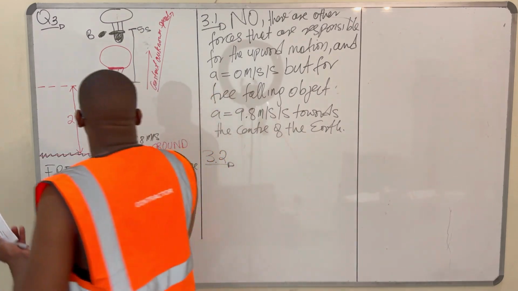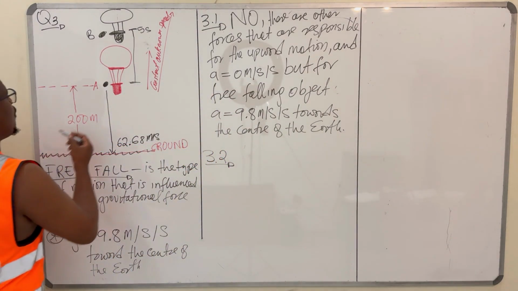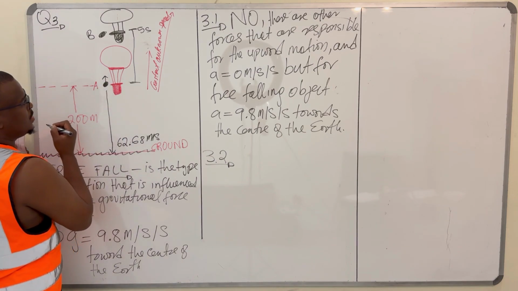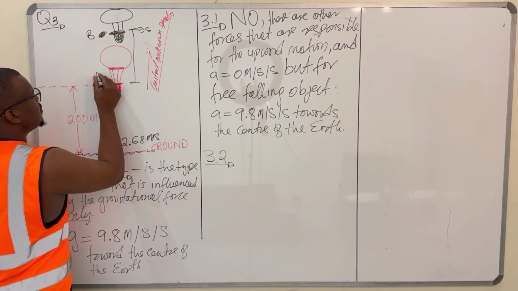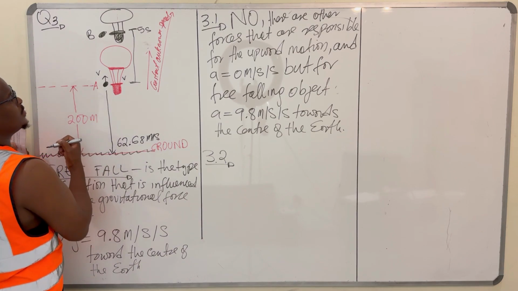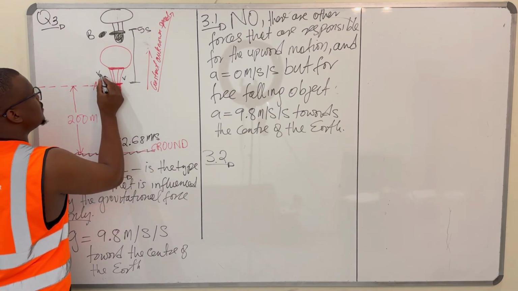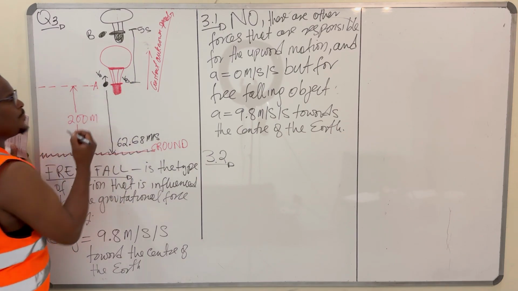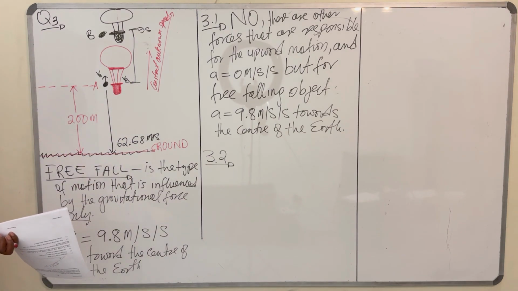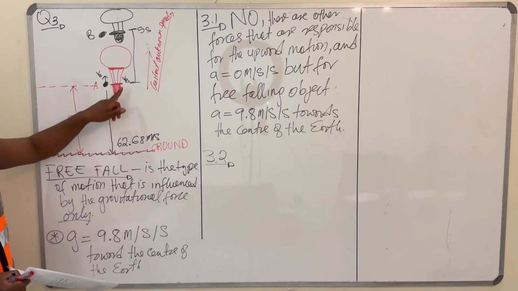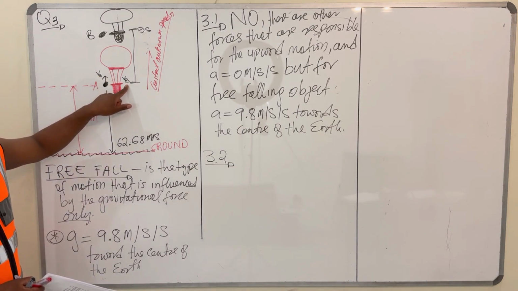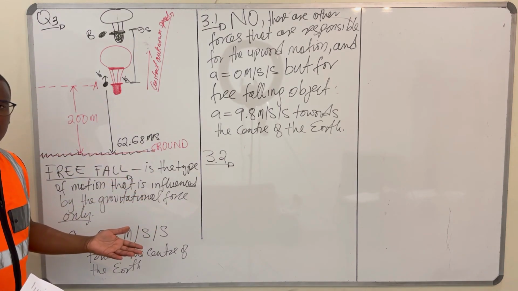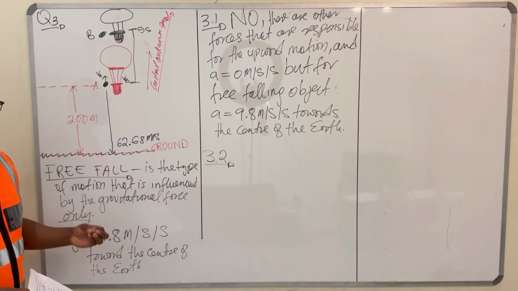So this ball A of yours will continue going up a bit with the same speed as this one. The velocity of the ball will be that of the hot air balloon, because it will continue moving up because of its inertia. That's what I wanted you to understand.